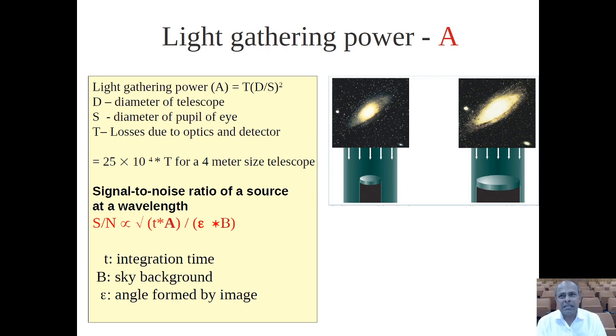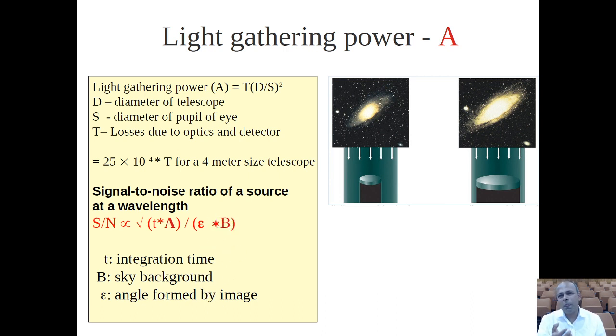Now coming to the signal to noise ratio of a source at a particular wavelength: this is directly proportional to the area, and of course T is the exposure time, meaning how long you expose to collect those photons. That we'll discuss later. The signal to noise ratio is inversely proportional to the solid angle formed by the image and the noise, the sky background.